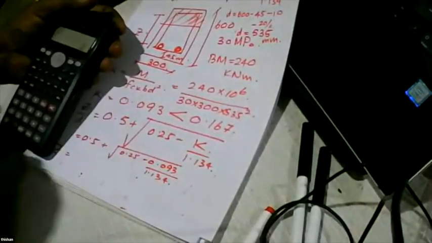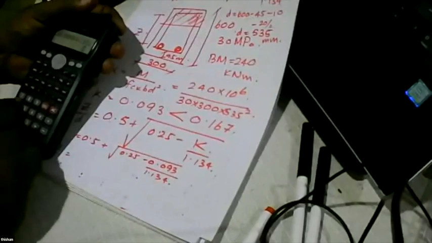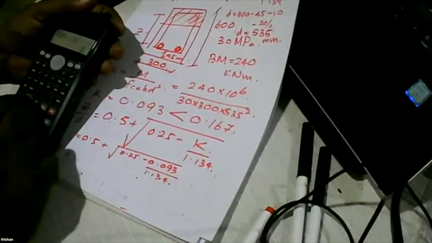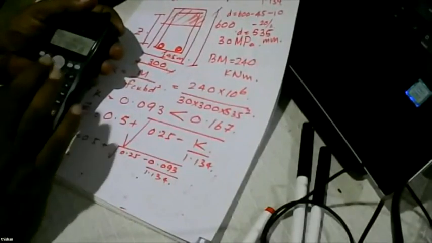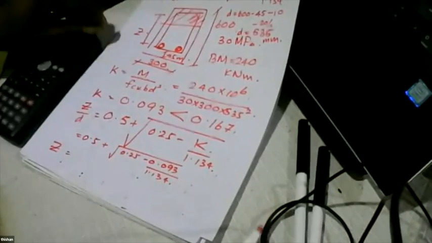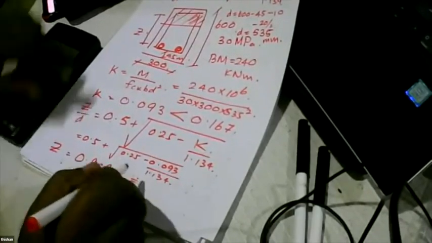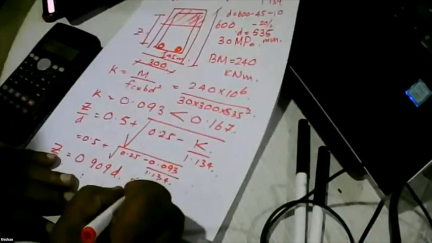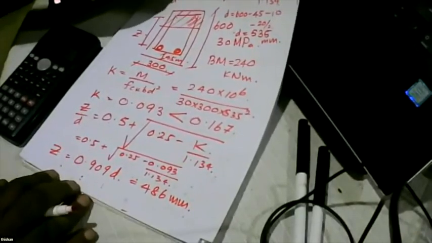So the answer is 0.909 D, or if you look at the value, that is 535 times 0.909, and that is 486 millimeters. And then we know Z.